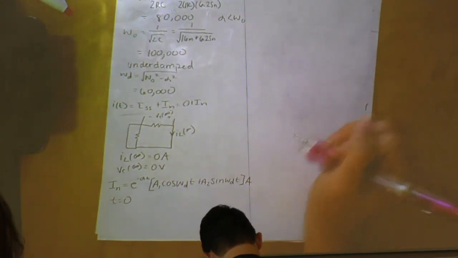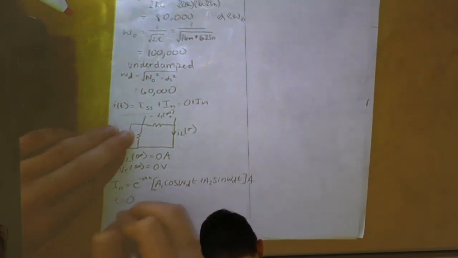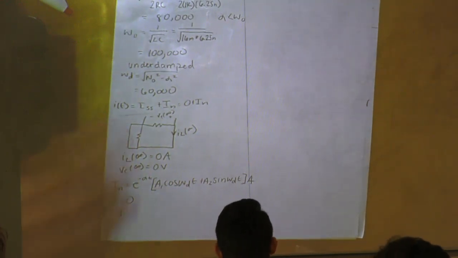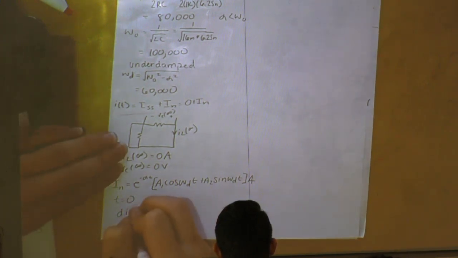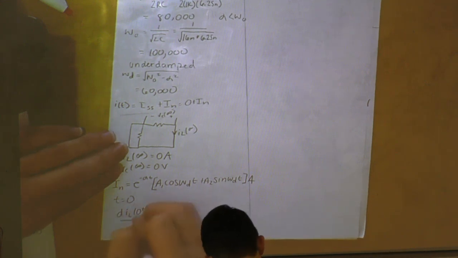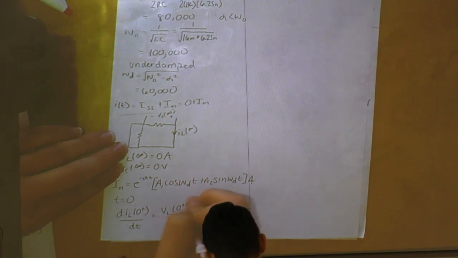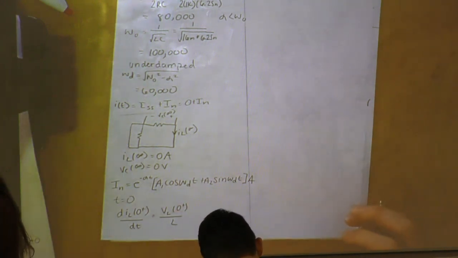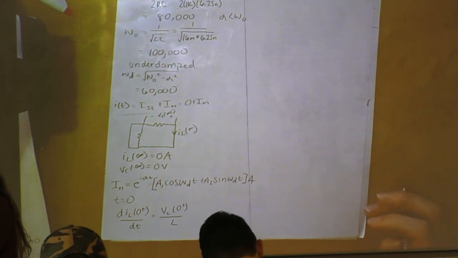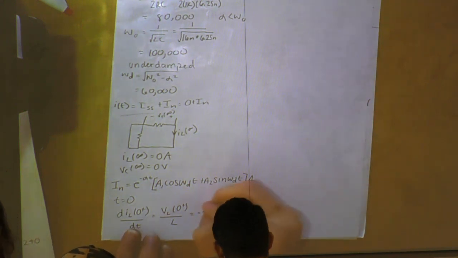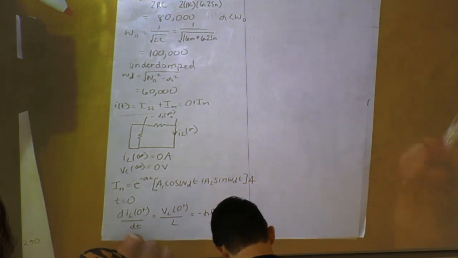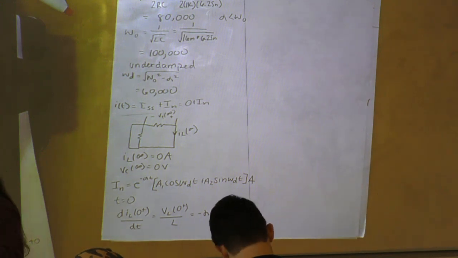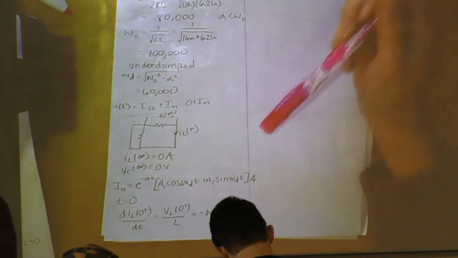But then to find our A2, we're going to want to find the circuit at t equals 0 plus to find our VL of 0 plus. And this is all equal to alpha A1 plus omega D A2.